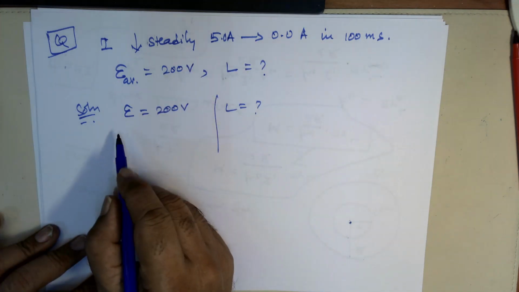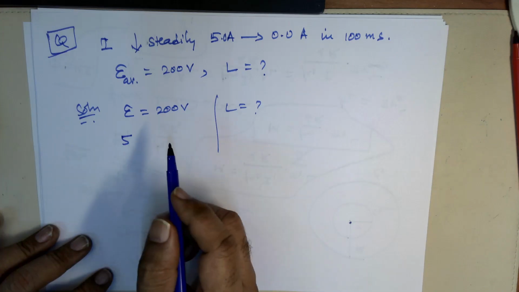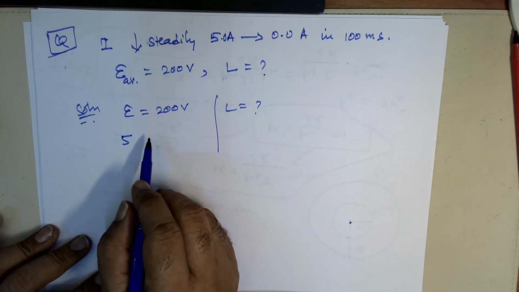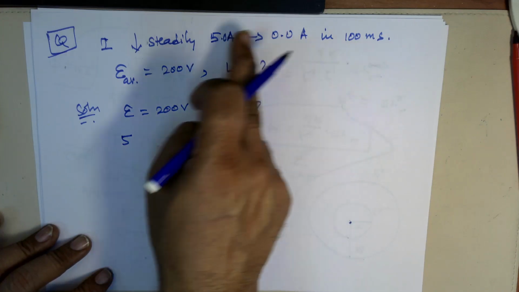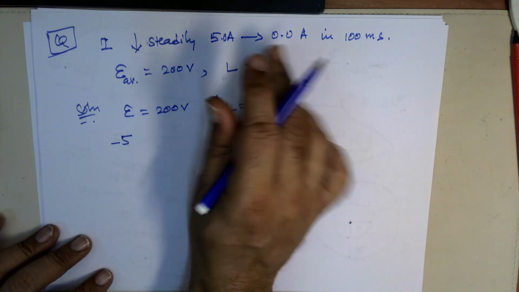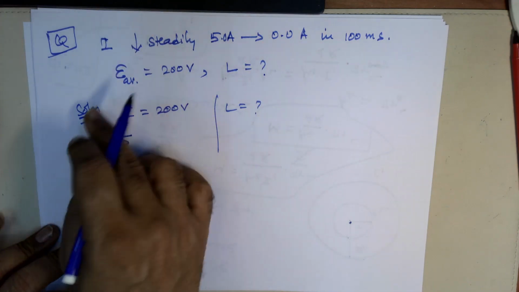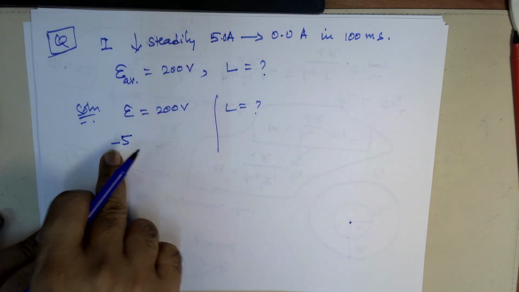So the difference is 5 only. Actually final minus initial, so it becomes minus 5. This is final, this is initial. The difference is final minus initial, that indicates the drop here, and that is given by the negative sign.